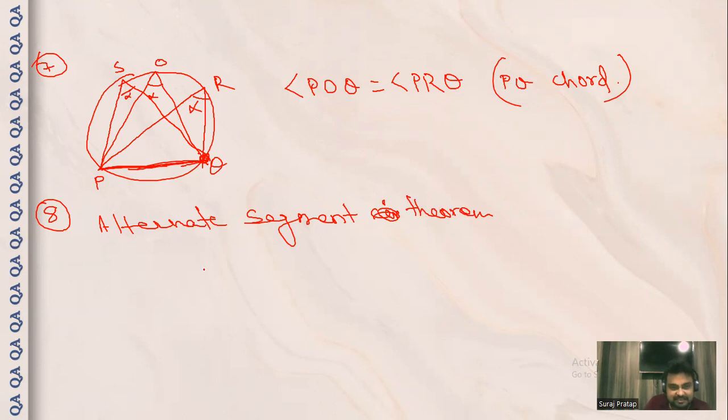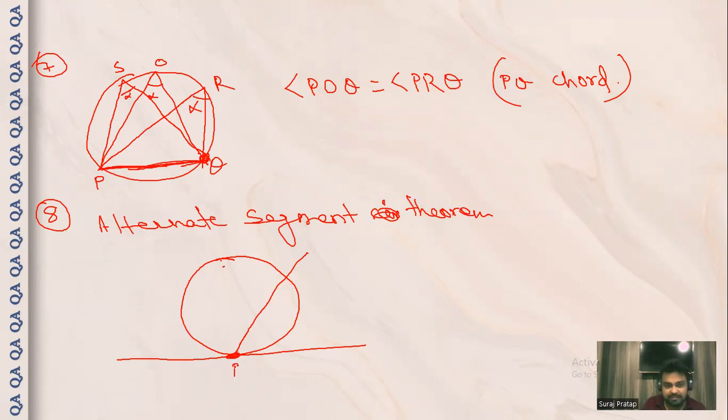It says, let's say this is a circle, there is a tangent, and there is another chord meeting the tangent at the point of tangency, which is B, and this is D. Okay, so now the angle made by this chord with the tangent, let's say this is A, that means this angle DBA will be equal to the angle made by the chord on the opposite part of the circle.